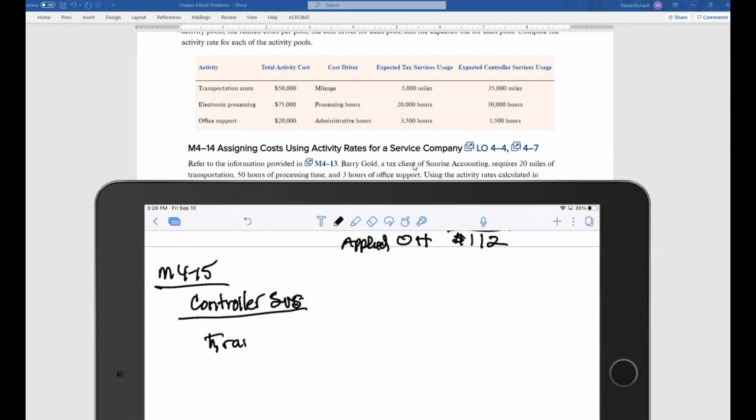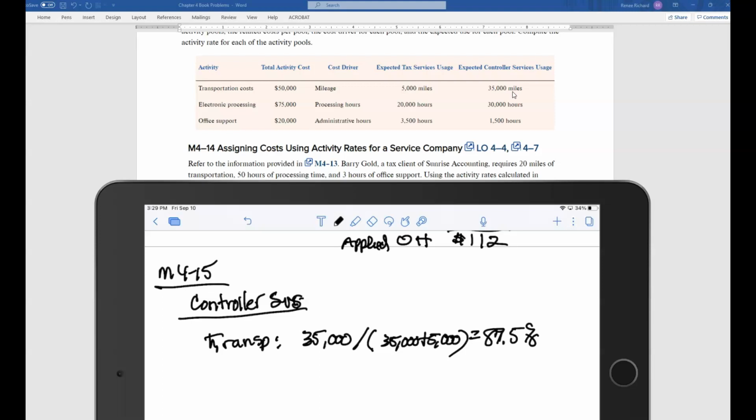So for transportation, the controller services uses 35,000 total miles, expected to use 35,000 total miles, divided by the total 35,000 plus 5,000, or 87.5%. So transportation is going to use 87.5% of the costs.